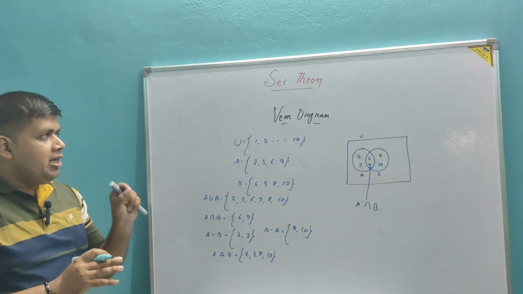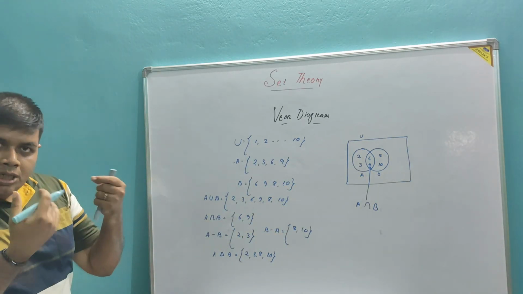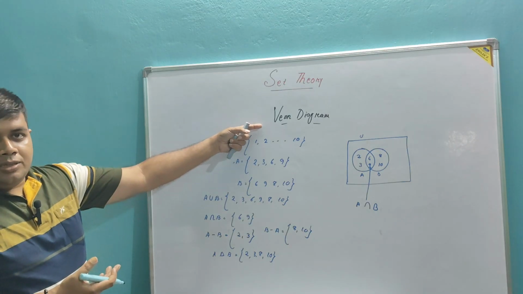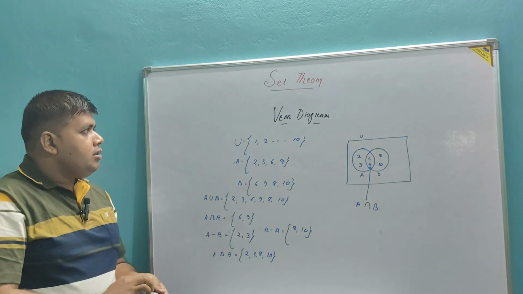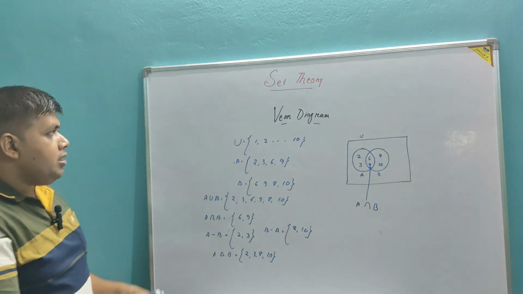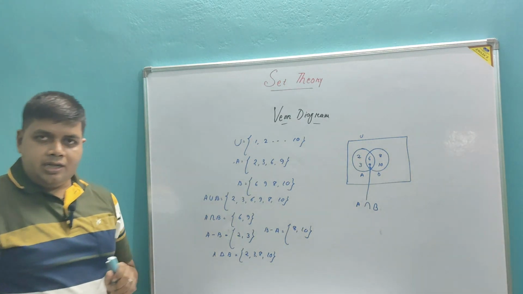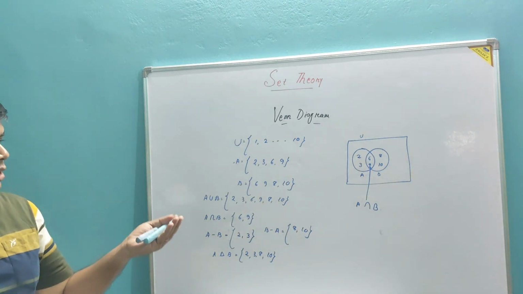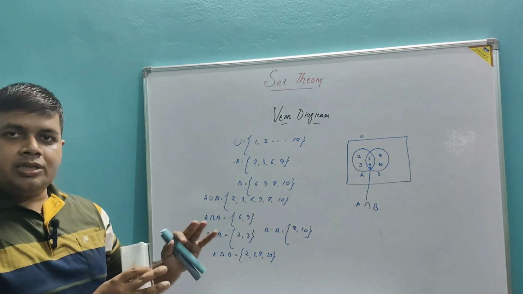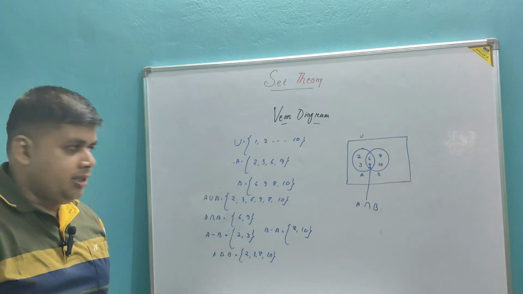So these are the basic uses of the Venn diagram, and this is how we can represent sets using it. I hope the concept of Venn diagram is clear. We have included Venn diagram here separately so that the concepts remain distinct.